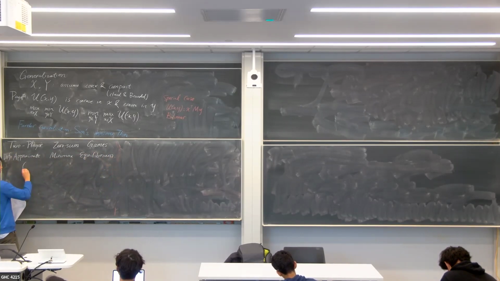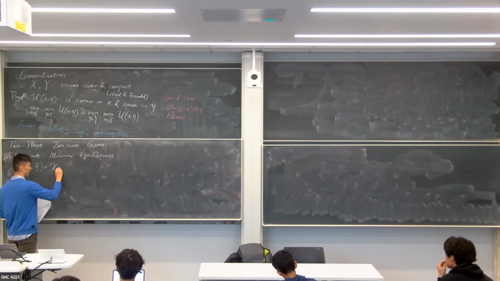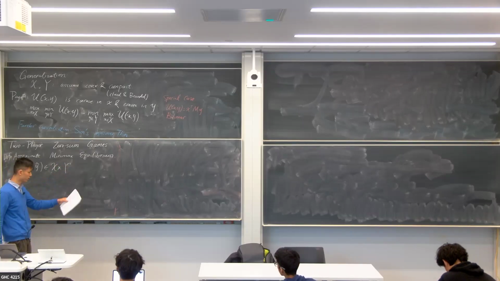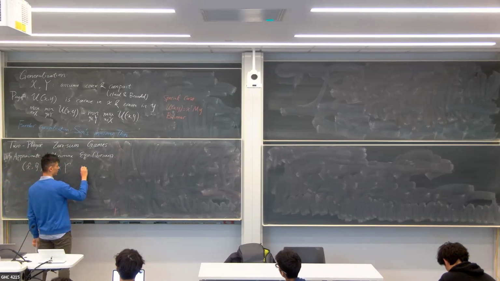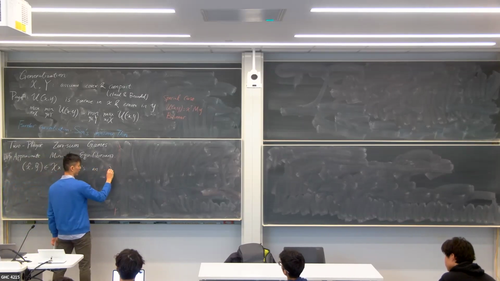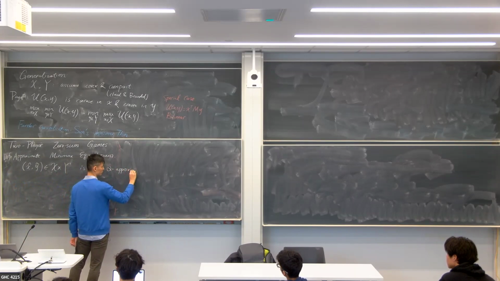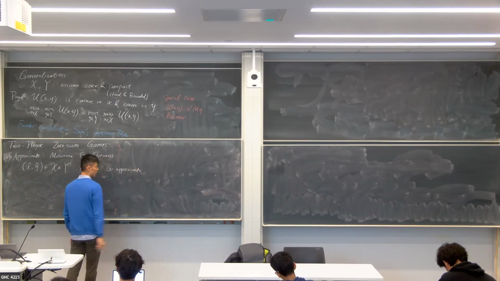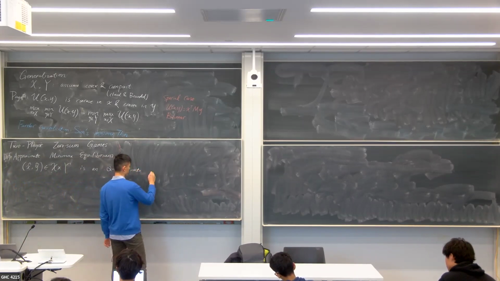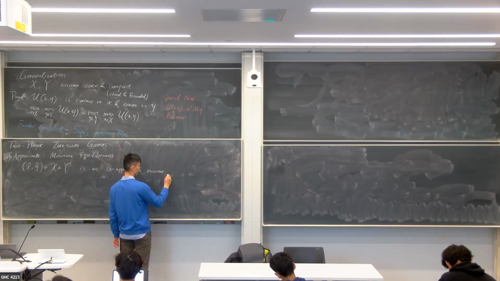We're going to call a pair of strategies in a game played by two players with action spaces X and Y, this pair is an alpha-approximate equilibrium. Sometimes this is called a Nash equilibrium or minimax equilibrium for this kind of game.